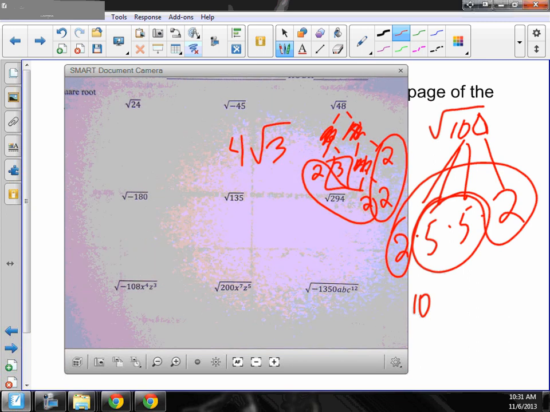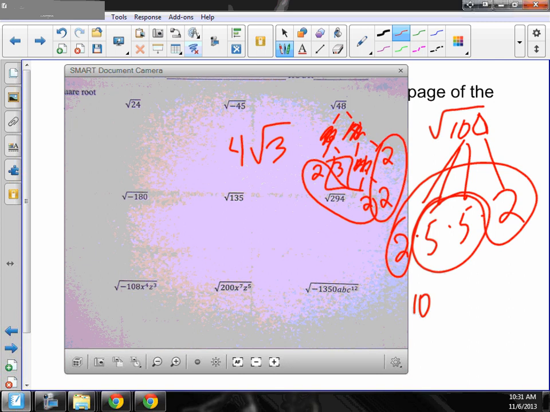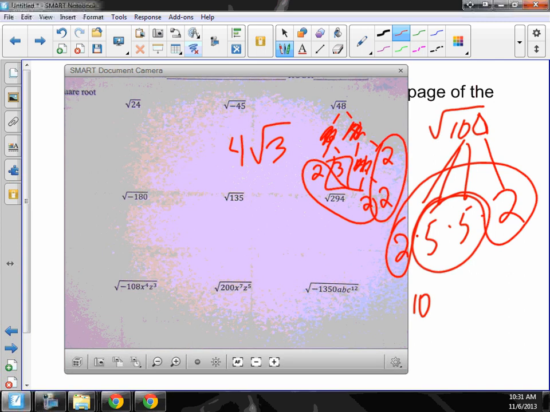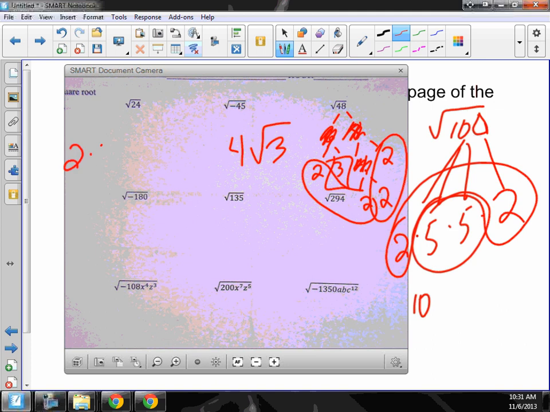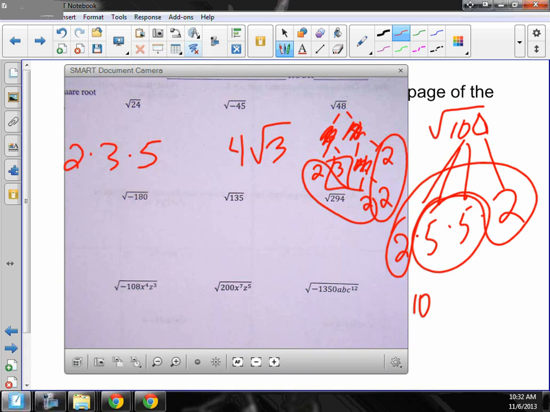What happens if nothing comes out? So what if I factored it and I got 2 times 3 times 5? Prime is the wrong word for it, but it doesn't simplify. So you just leave everything in.